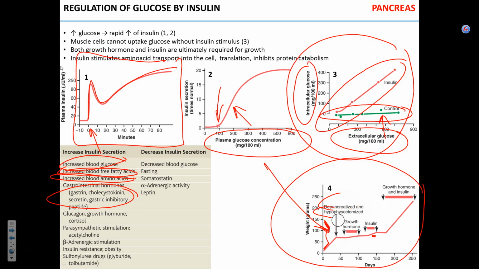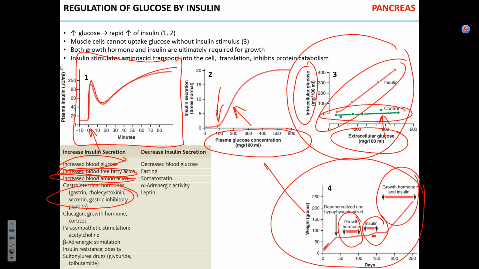Then, in this experiment, first, rats got injections of growth hormone, which had very little effect on the growth. Then growth hormone was terminated and insulin started to get injected. Again, very little effect on the growth. Only when you supply rats with both growth hormone and insulin do rats start to become bigger, which makes perfect sense.